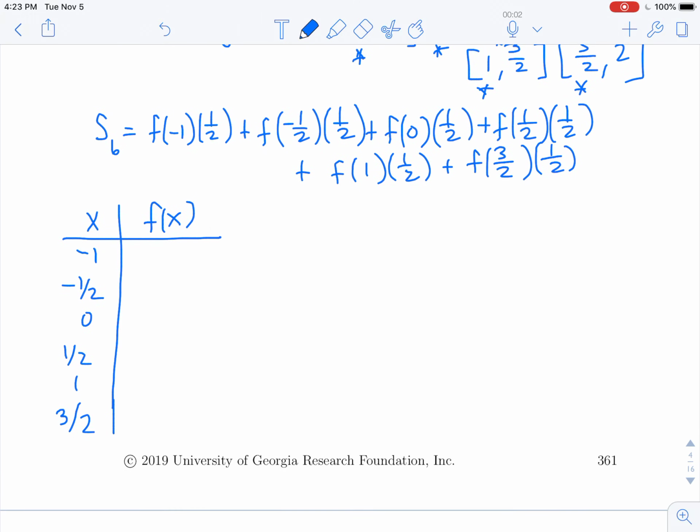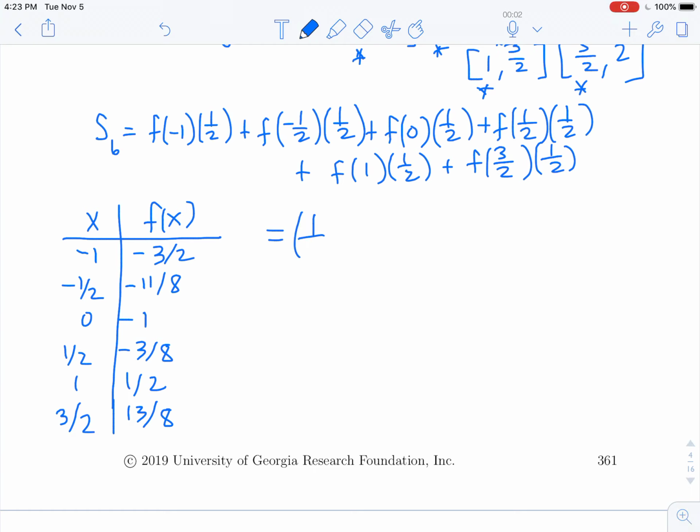So again, we're going to go back to the graph. I haven't forgotten. So I get -3/2. I get -11/8. I get -1. I get -3/8. I get 1/2, and I get 13/8. And so these are the things that go into the sum.